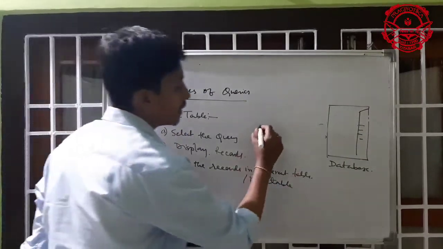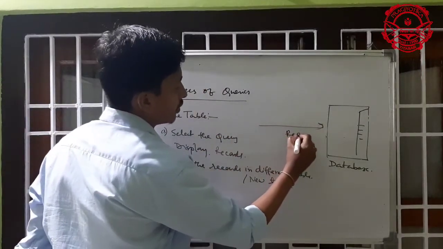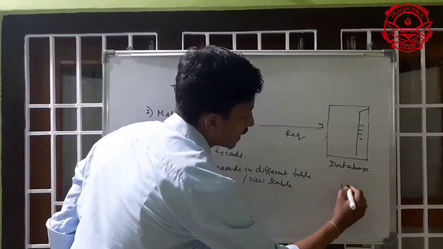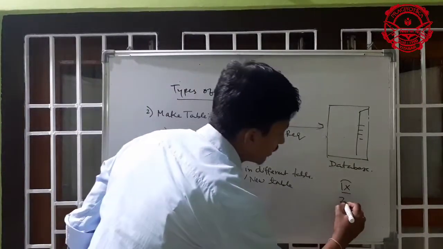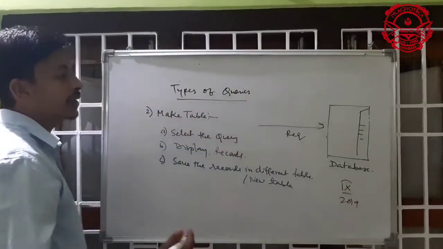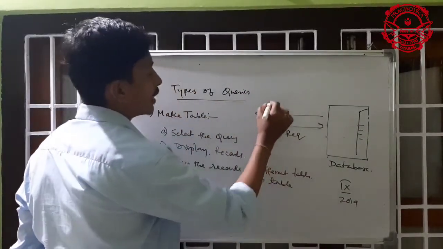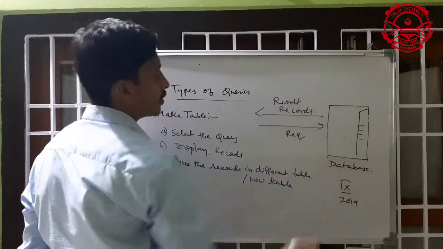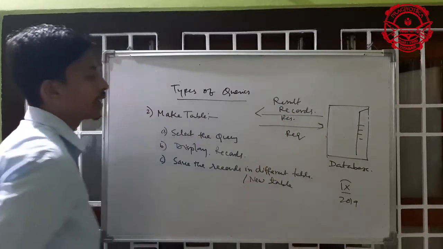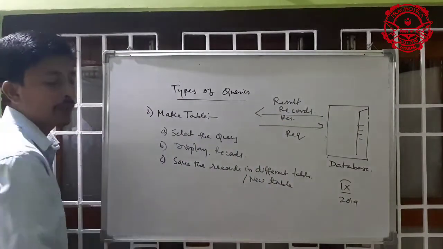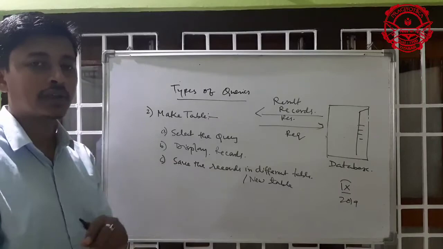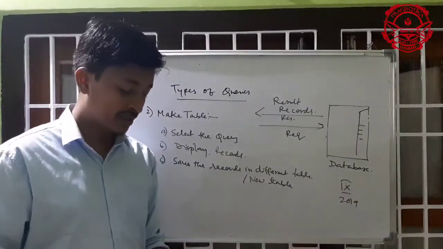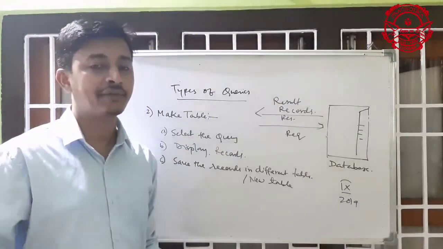You just give a request to the server that I want all the information of class 9, that is 2019. After that, the database searches the information and gives a result, or you can say records, that is the response. Then you will get all the information from class 9 2019: the marks, the student names, performance, grades, everything.